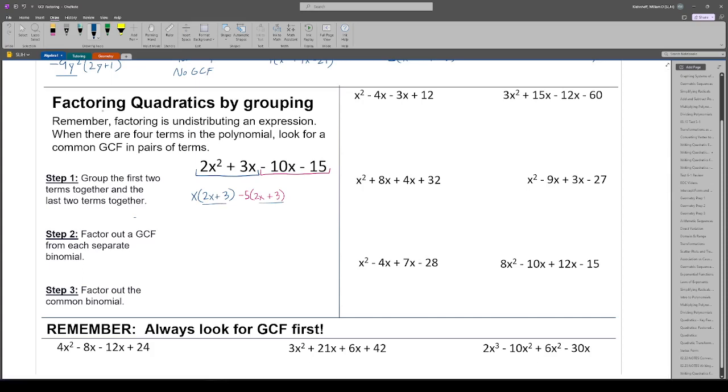And this may look familiar from when we did multiplying polynomials because this was one of the methods of visualizing that double distribution method. So what we could then do is change this into x minus 5 times 2x plus 3. Because double distribution is just distributing the x to both of these and the negative 5 to both of these.